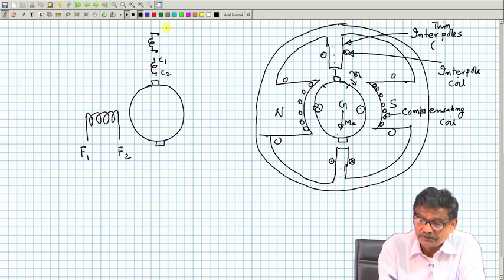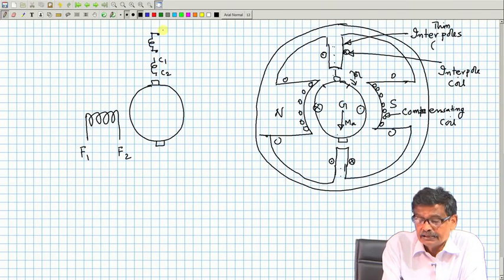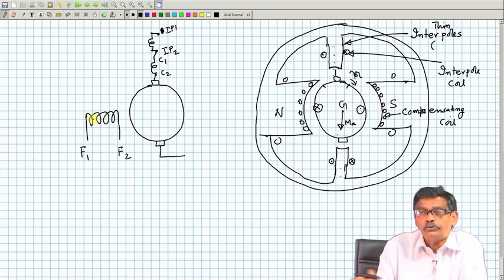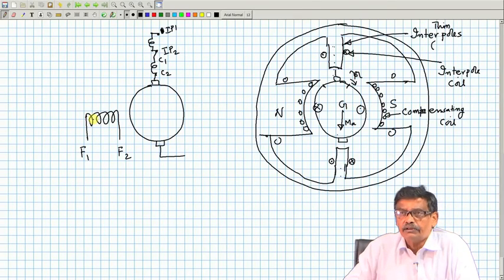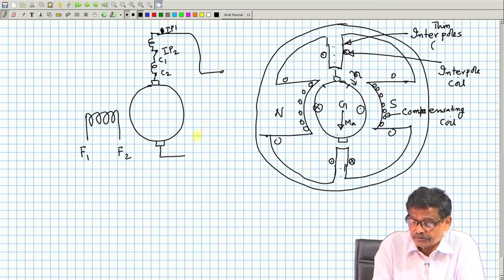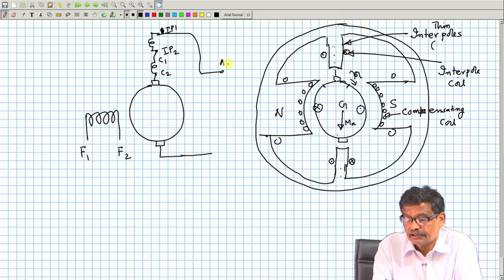By which name should I call it? Compensating, and this is interpole, IP1 and IP2. And this also is to be connected in series with the armature, so that it can react to any armature current value properly. So, that then will become your armature terminals, I mean effectively to the load.